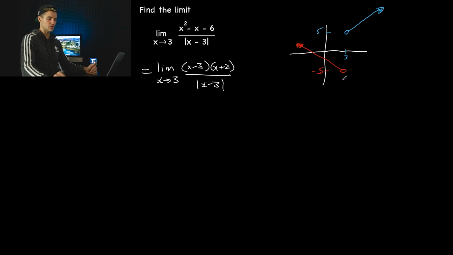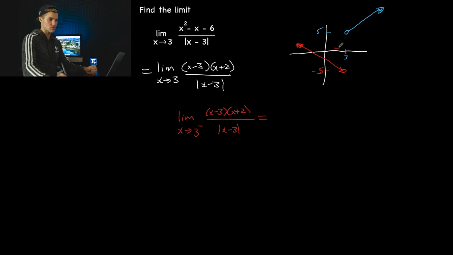And so if you want to fully and properly state that this limit does not exist, you would say the limit as x approaches 3 from the negative side of this function, x minus 3x plus 2 over the absolute value of x minus 3, we're approaching this y value of negative 5.